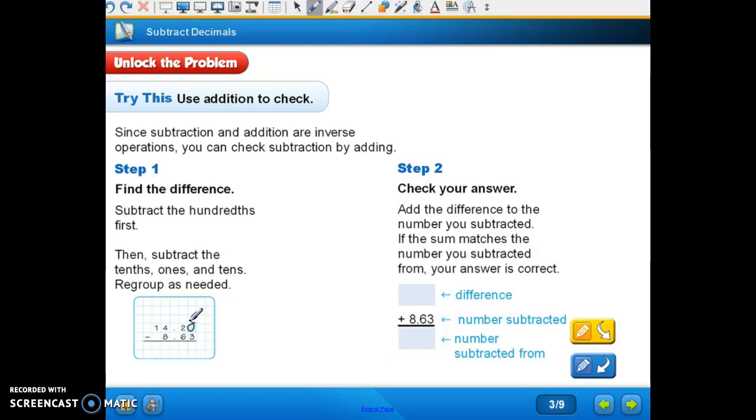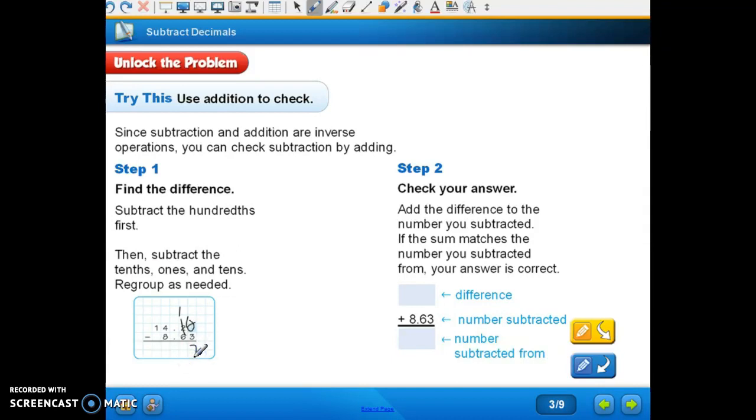Yes. Okay? So now we're going to have to do a little bit of regrouping, right? You can't have 0 and take 3 from that. So go ahead and cross your 2 out. Make that a 1. And give that 1 to your 0. So now how many hundredths do we have? 10. And 10 minus 3 is 7.